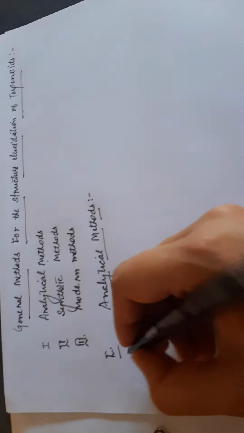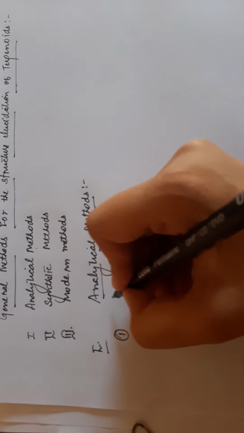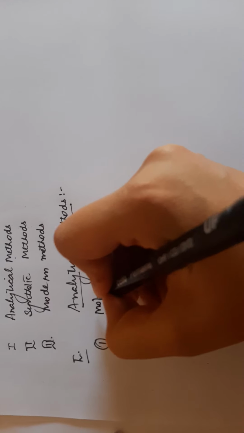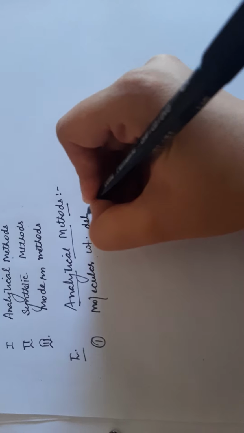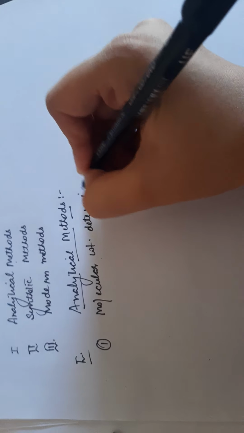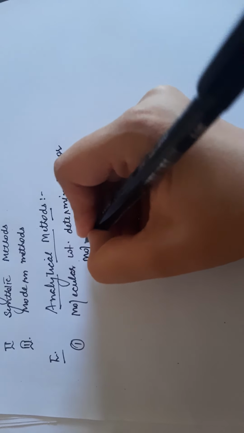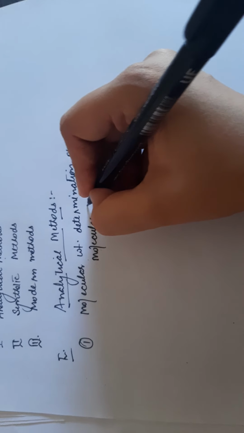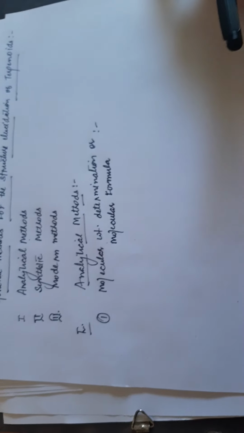In analytical methods, the first one is the molecular weight determination, or we can say molecular formula. In the first step, we will determine what is the molecular formula of our extracted terpenoid.